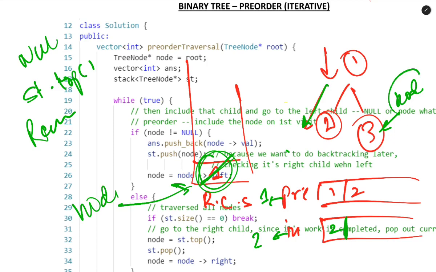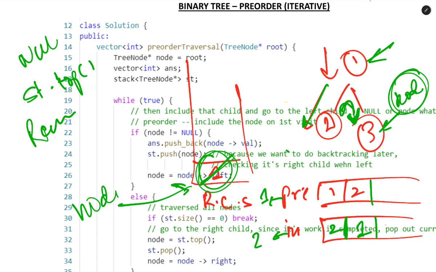Before my node starts pointing to 3, it was earlier pointing to 1, now it's pointing to 3. But before this happens, as you can see, this is in-order, right? So since it is in-order, I should add 1 here.